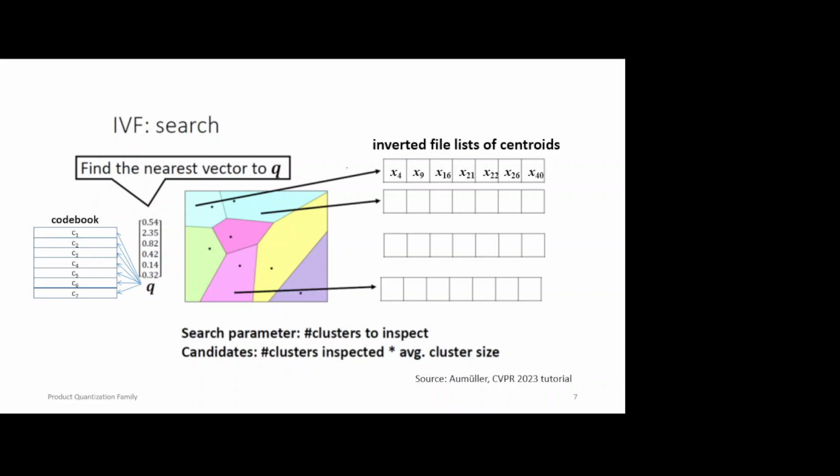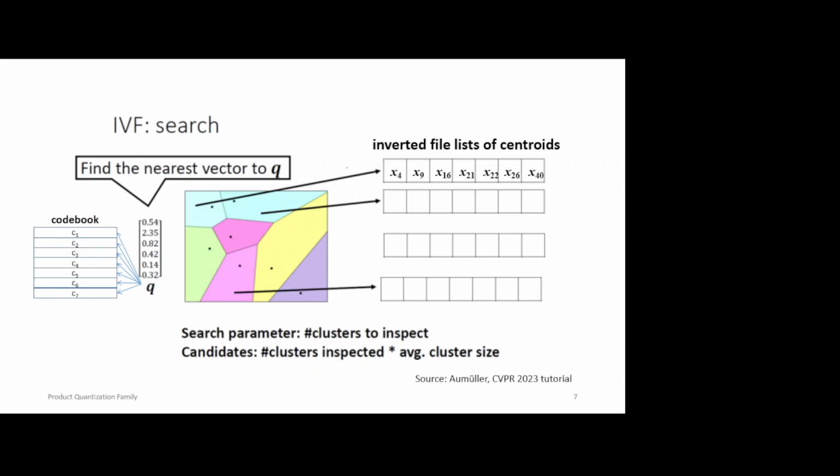So here the search parameter will be the number of clusters to inspect. It means maybe you should not only find the top 1 cluster, maybe you should find the top 2, top 3 clusters, to reduce your search error, because there's a quantization loss.